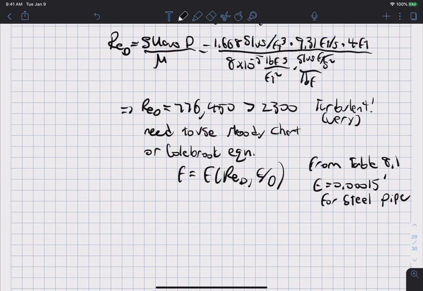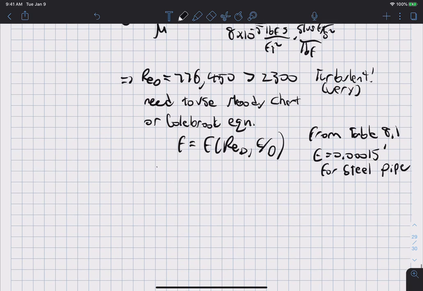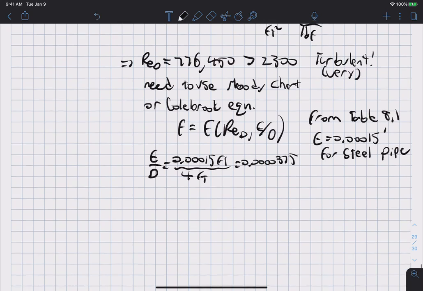So then the relative roughness, epsilon divided by D, equals 0.00015 feet divided by 4 feet, and that equals 0.40375. So we now know the Reynolds number and we know the relative roughness. So now we just use the Colebrook equation to find f.